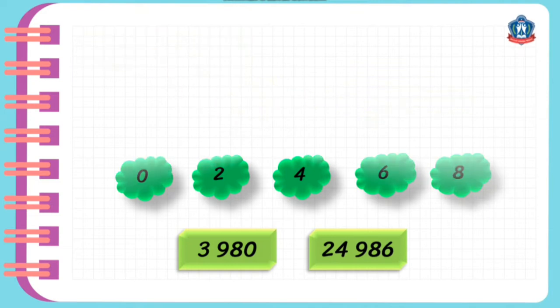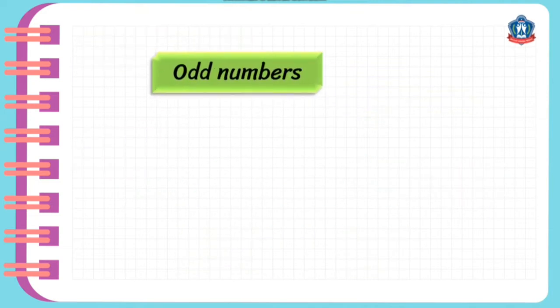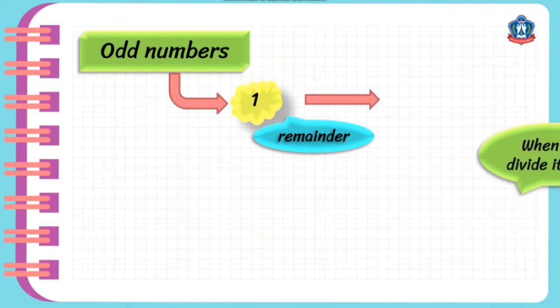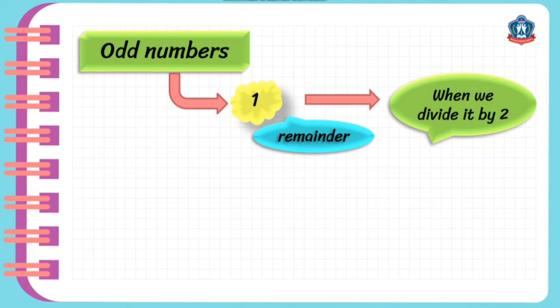On the other hand, odd numbers have number 1 as a remainder. It leaves 1 as a remainder after we divide it by number 2. So any number, when we divide it by 2, that gives you number 1 as a remainder.